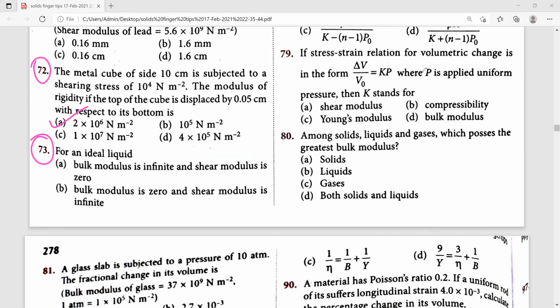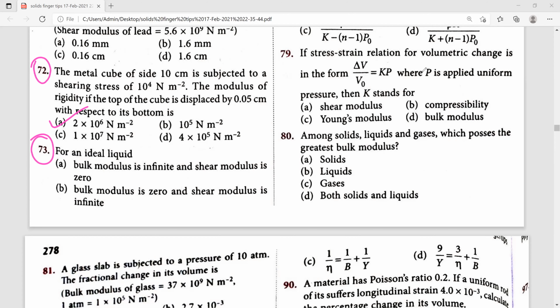73rd one, for an ideal liquid, bulk modulus is infinite and shear modulus is 0. So only two options are visible here. The remaining two options are given on the right hand side.